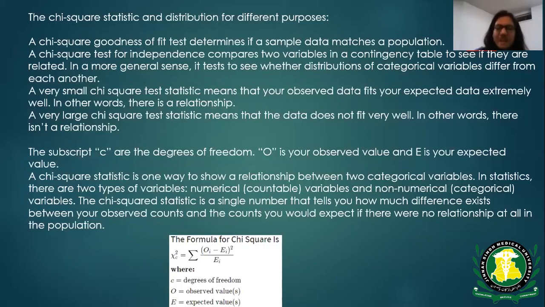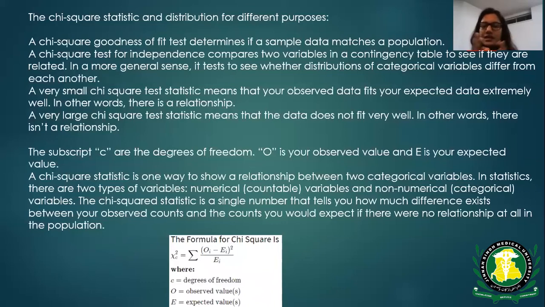But again, Chi-square, I've written it, if you want to go through what it stands for and what it's used for. It's basically a way to show a relationship between two categorical variables. Suppose there's a numerical variable and a non-numerical variable. So the Chi-square statistic is used for countable and categorical data. Suppose there's a frequency, and you want to show the relationship between the frequency of blood pressure levels and how many times between men and women.